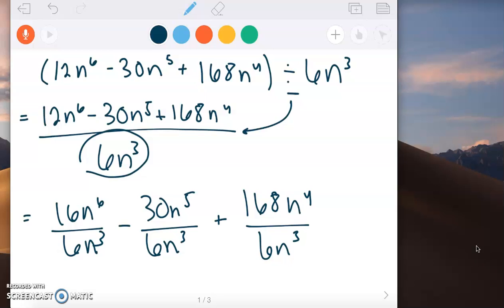So now that we have these three different division problems, each a monomial divided by a monomial, we can look at those individually.